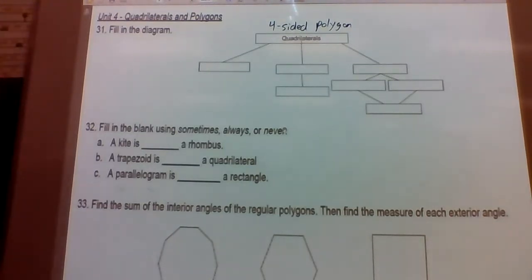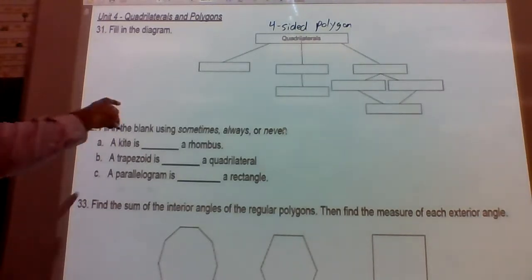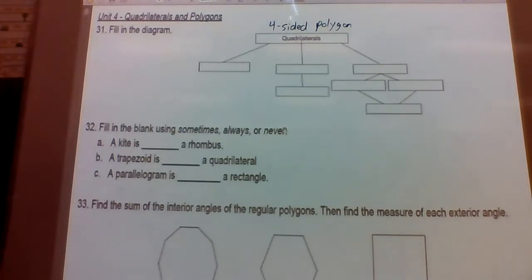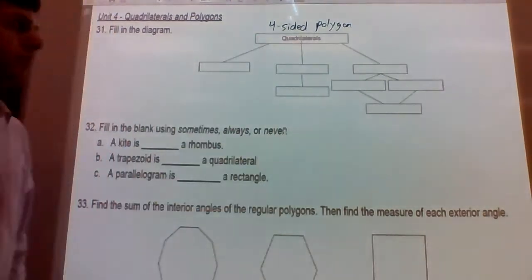They were made of segments. So it had at least 3 sides, and they closed, and they never intersected each other. So triangles, quadrilaterals, pentagons, etc. And so quadrilaterals were 4-sided polygons.